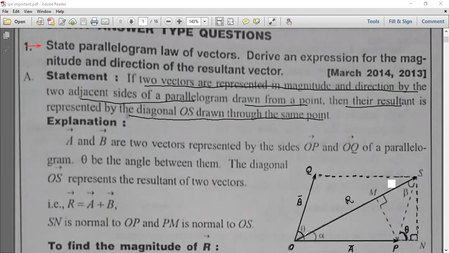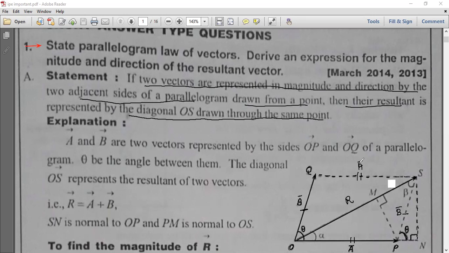Why? Because here also the angle between these two vectors is theta. So as you can see, these parallel sides are equal. So this is also B bar, and as this is A bar, so this is also parallel side. That's why this is also vector A bar. Okay, understood?